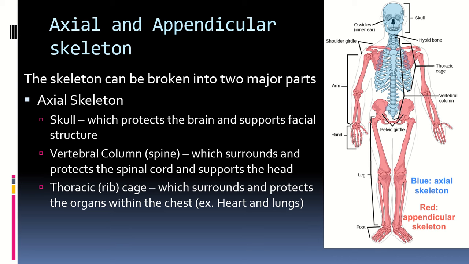So that's why the axial skeleton consists of the skull, the vertebral column, you can also refer to it as the spine, and also the thoracic cage, aka the rib cage. Their main purpose is really just to protect the vital organs you absolutely need.